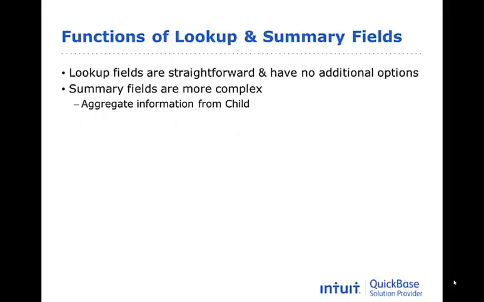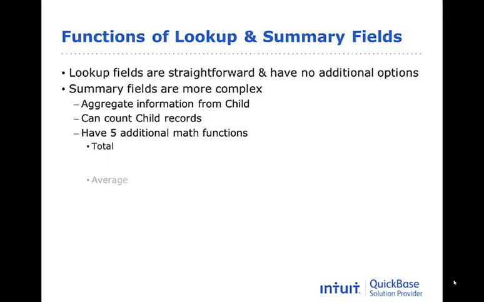Because the nature of the summary field is to aggregate information from the child up to the parent table, QuickBase provides for the ability to count child records, as well as 5 different math functions that can be performed on fields on the child table. The functions are total, average, maximum, minimum, and standard deviation.